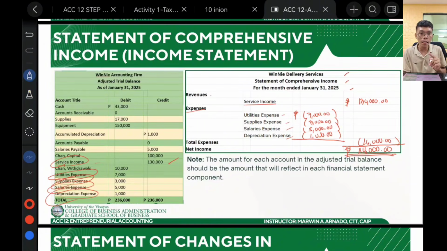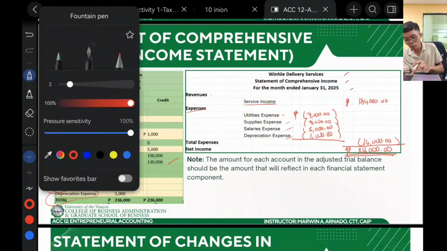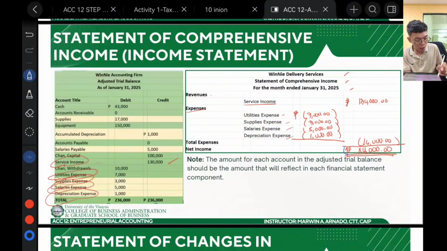But in case that your income is lower than your expense, meaning mas dako pa imong income kaysa imong expense, then you need to write here open and close parentheses for your net income. That represents a loss.